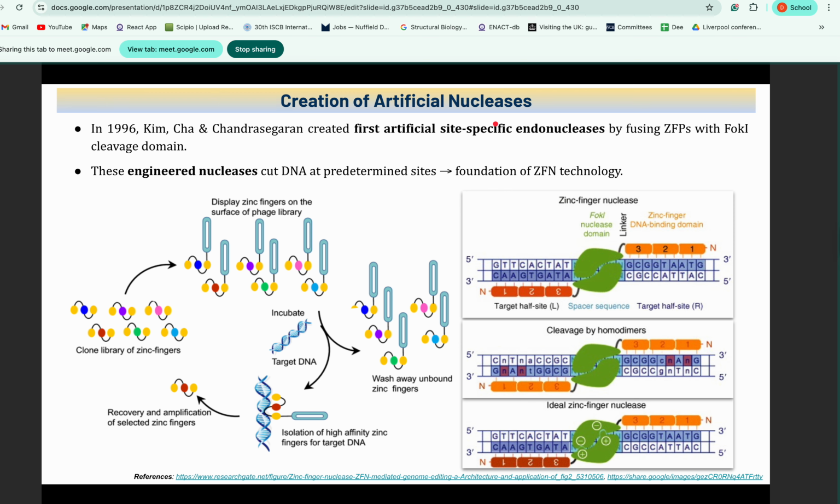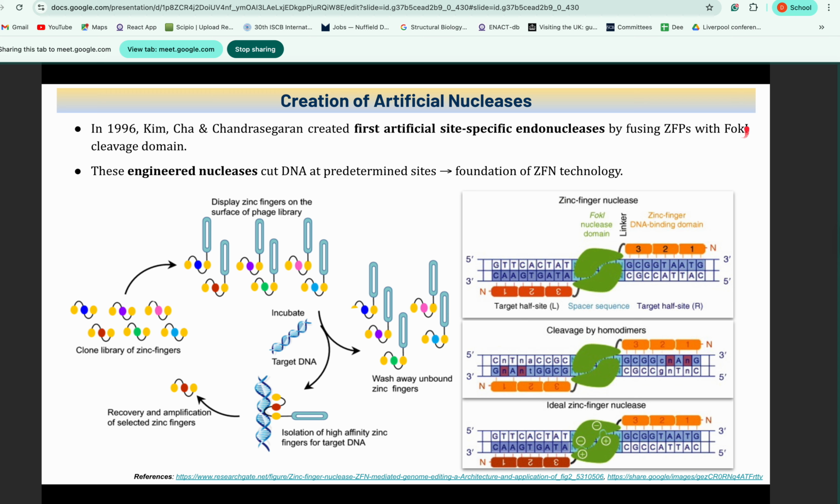Now, creation of artificial nucleases. So in 1996, Kim, Cha and Chandrasekharan created the first artificial site-specific endonucleases by fusing zinc finger proteins with the FokI cleavage domain. So how can we increase the functionality of nucleases? Nucleases have a simple work, they can cleave the DNA.